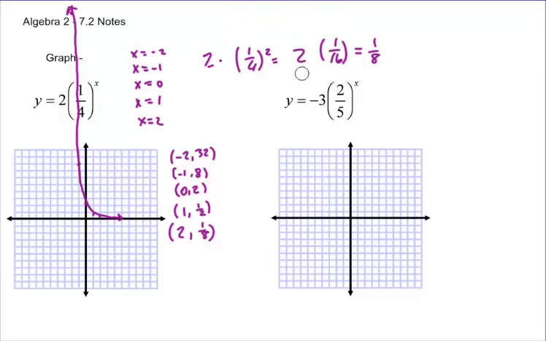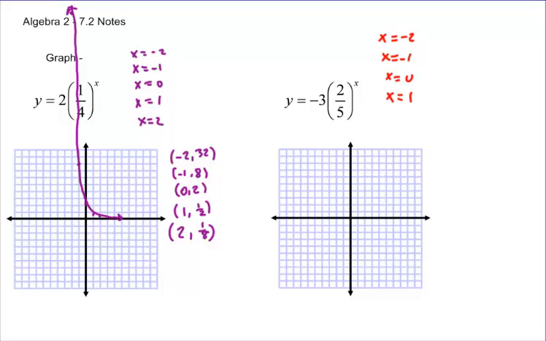And so let's look at this other guy. We're working on this other guy over here. Again, we can look at those x values where x is equal to -2, -1, 0, 1, and 2. So this is going to be -3 times 2/5 to the -2.